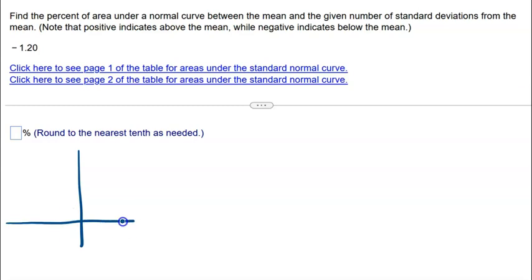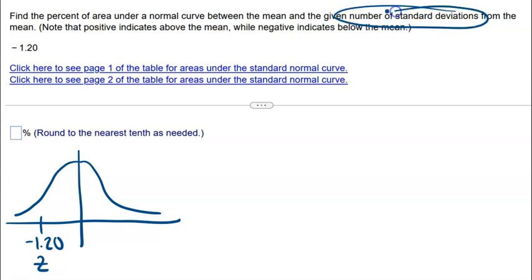So here's our normal curve, roughly symmetric. Now this is negative 1.2. It says negative 1.2 is the number of standard deviations from the mean. That is also your z-value. When they say the number of standard deviations from the mean, that is z.